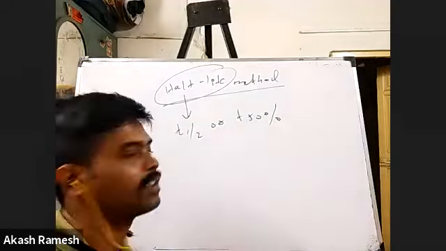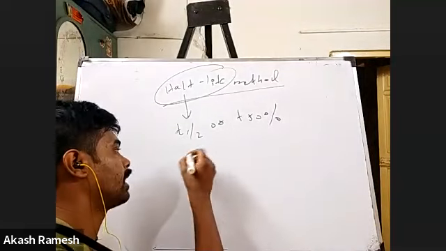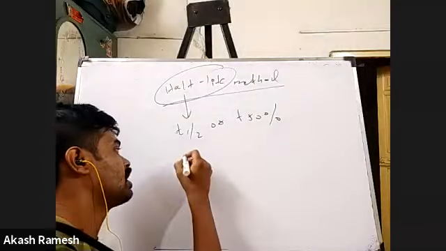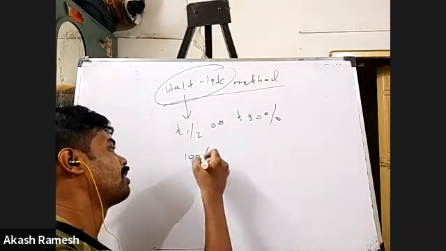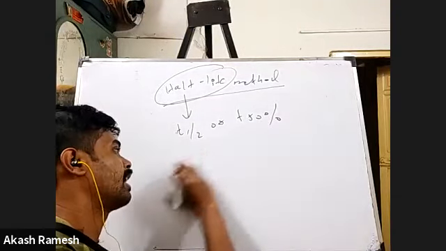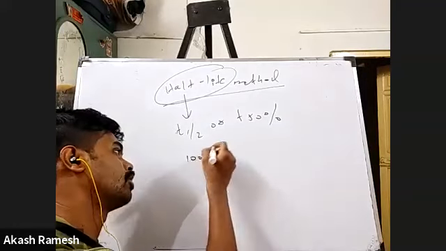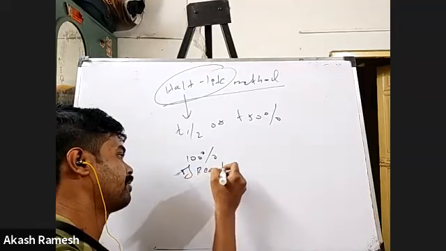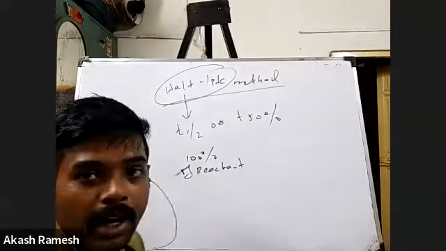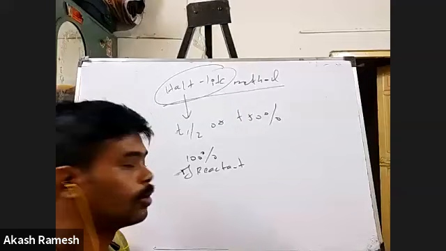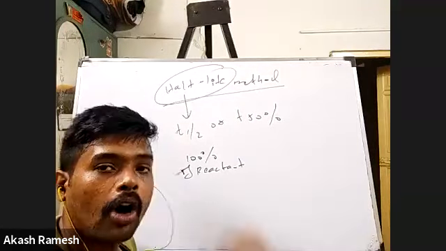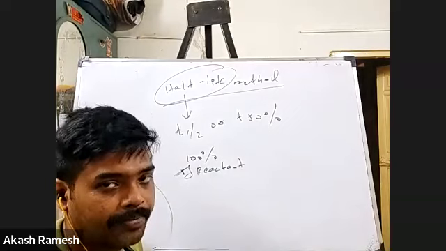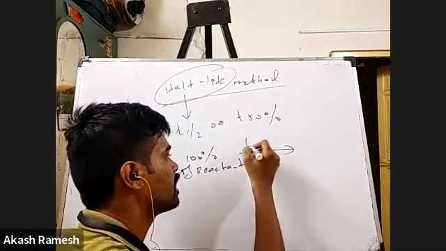Assume that I have a reaction where the reactant is converting into products. Initially, at time t equal to 0, I have 100% of the reactant present. The reaction has not started yet.